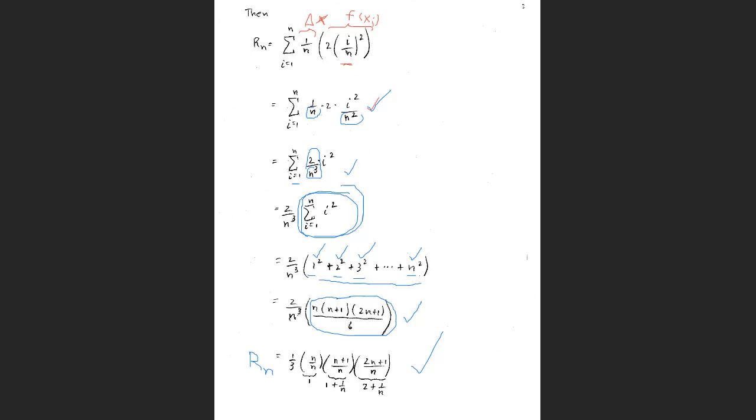Okay, and so what I do is the entire expression here for R sub n, I guess I'll have to erase this. The entire expression on the right, of course, for R sub n, I just rewrite it in this nice way.